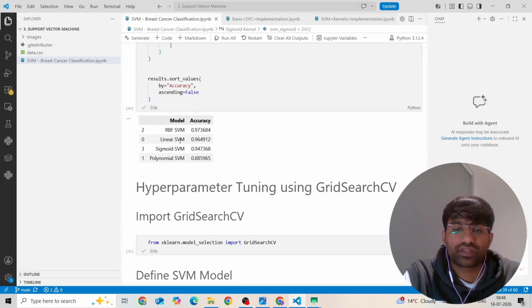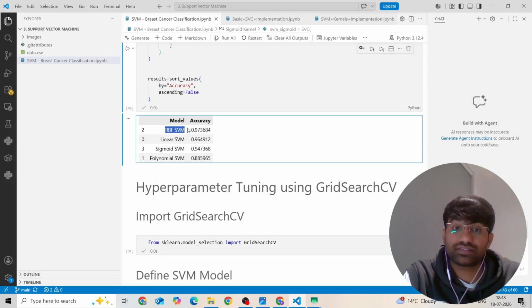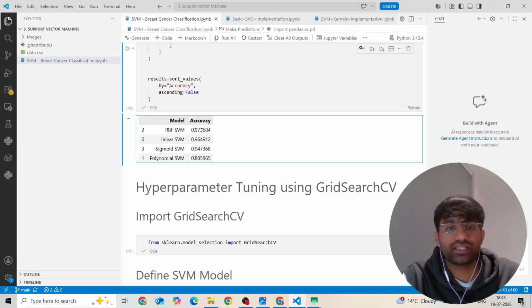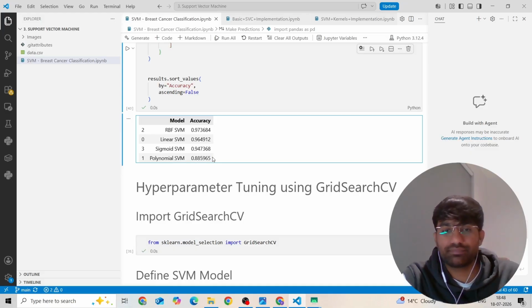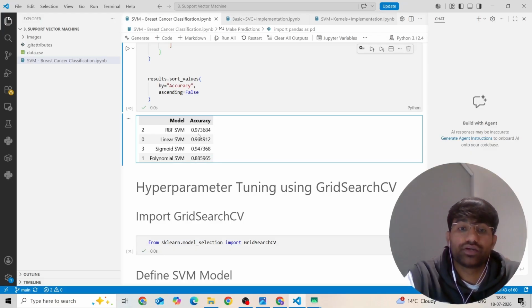I have sorted in ascending order. RBF kernel has the highest accuracy, 0.97, that is 97%, followed by linear, sigmoid and polynomial. Polynomial kernel has the least accuracy, 0.88, that is 88%.